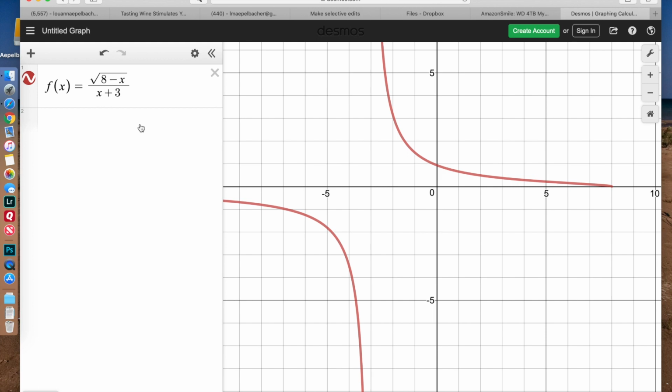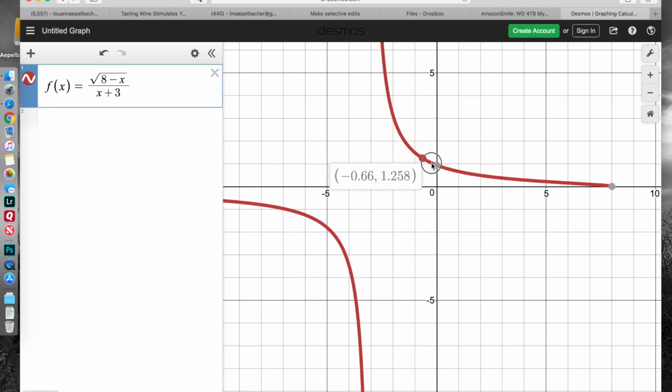So in this case, you've got the asymptote at x is negative 3, and the numerator, 8 minus x, has to be greater than or equal to 0. And so you want all the numbers from negative infinity to positive 8, of course not including that negative 3 from the denominator.